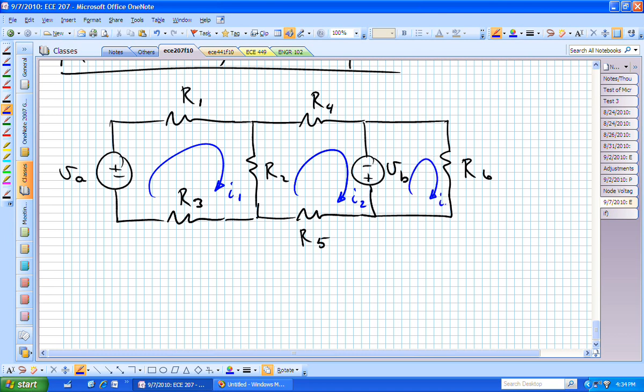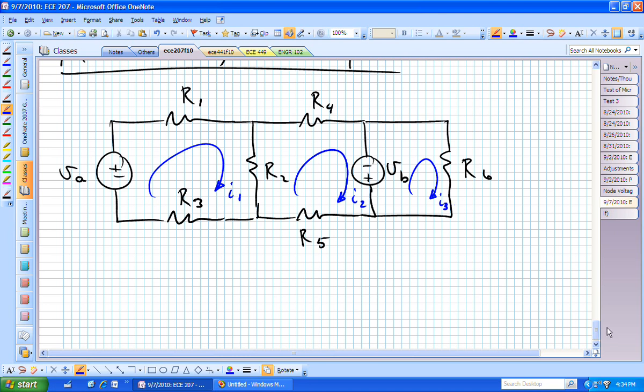And here is I sub 3. To make things consistent, it's best to keep those moving in the same direction. All of my mesh currents are going clockwise. You can define them however you want, but to make them neater, it's best to establish a direction and stick with that.